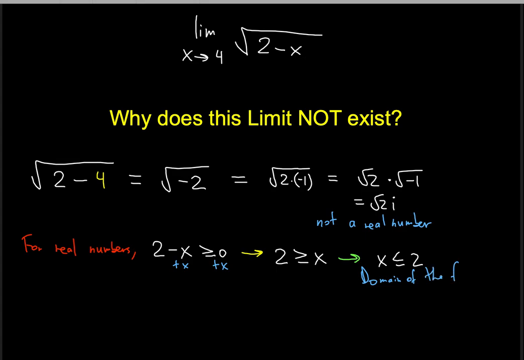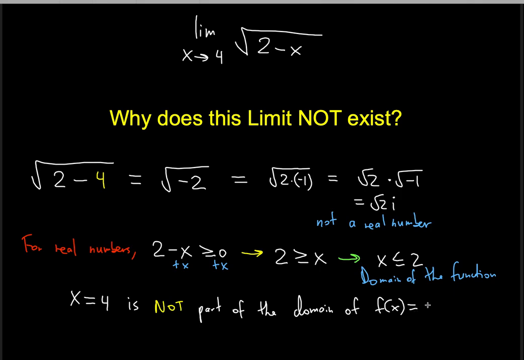Okay, and we will finally say x is equal to 4 is not part of the domain, right? Domain of f(x) is equal to square root 2 minus x. Thus, the given limit does not exist. Okay?